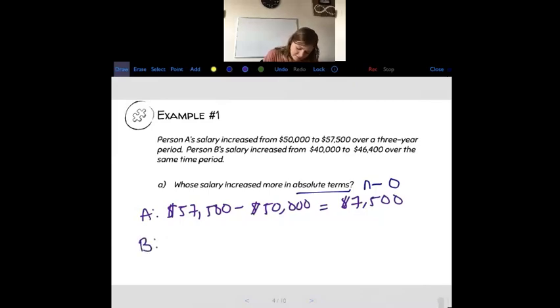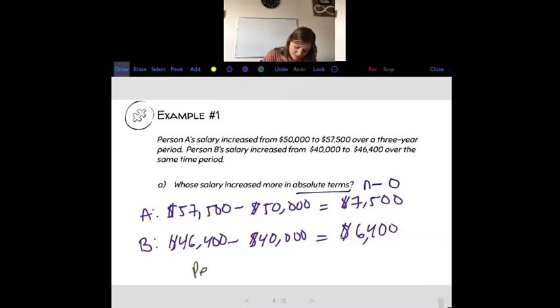Person B would be $46,400 minus $40,000 to give us $6,400. Okay. So in absolute terms, person A had the bigger increase.